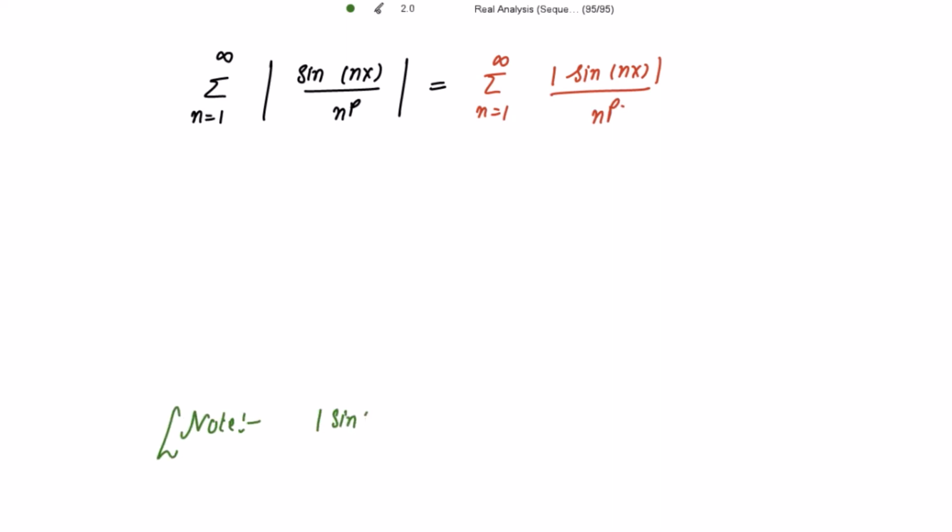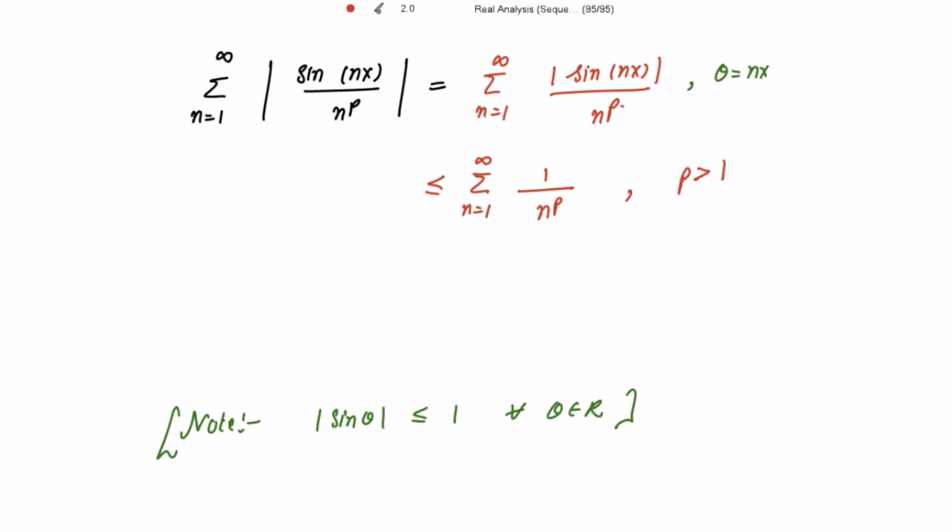Please note that mod of sine of theta is less than or equal to 1 for all theta belonging to the real numbers. So here your theta is nx. So now I can write that the summation is less than or equal to summation of 1 divided by n to the power p. And it is given to us that p is strictly greater than 1.